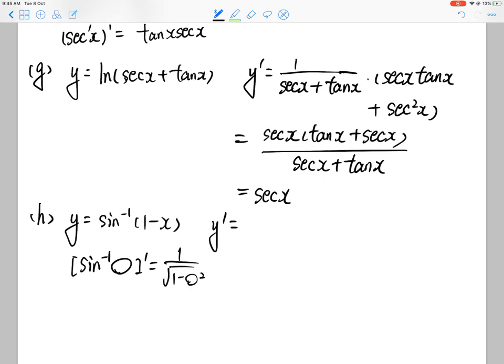So the first part is 1 over the square root of 1 minus this thing squared. Times, now ignoring sine inverse, the derivative of 1 minus x is negative 1. So this is the result.